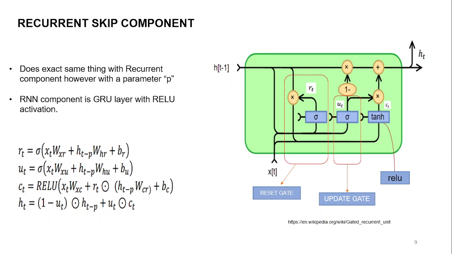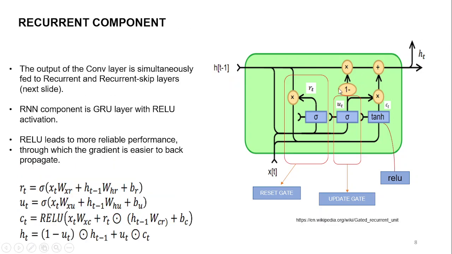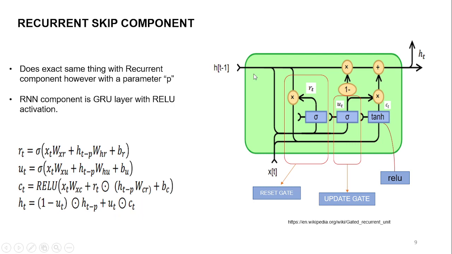For example, to predict the traffic at 8 a.m., more leverage should be given to the traffic at 8 a.m. in the previous days rather than using the previous timestamps. The recurrent skip component does exactly the same thing as the recurrent component, except that more leverage is given to the parameter at the same time.